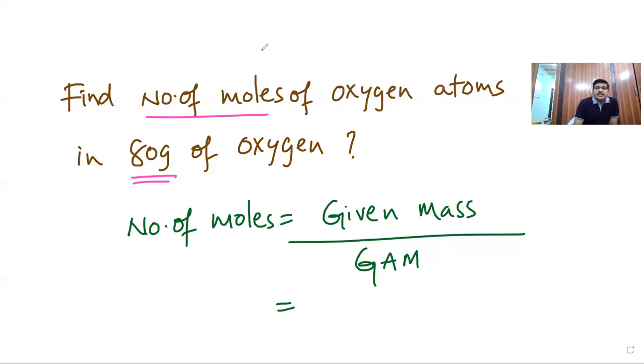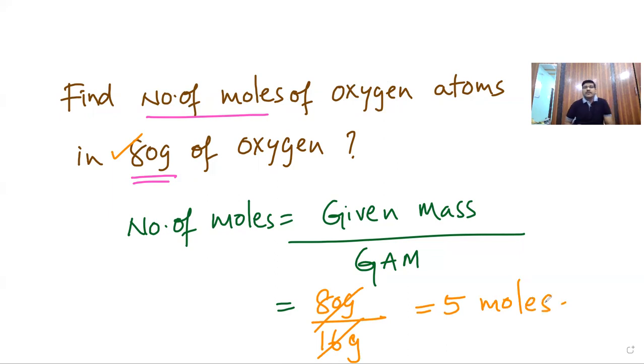Given mass is 80 grams. The gram atomic mass of oxygen is 16 grams; we should know all these by heart. Clear? So this gives 5 moles.